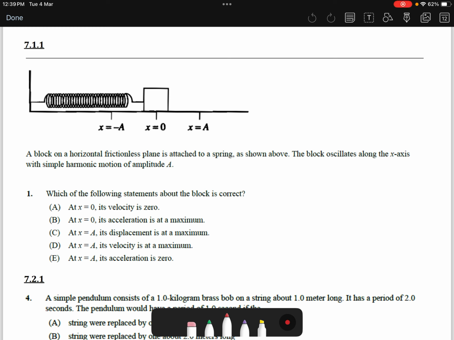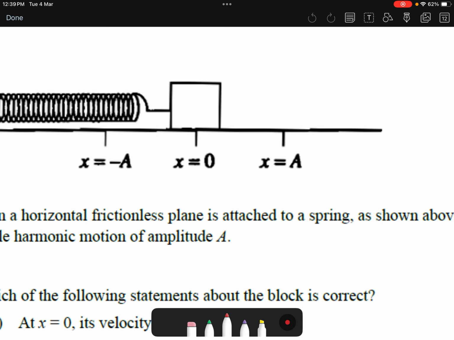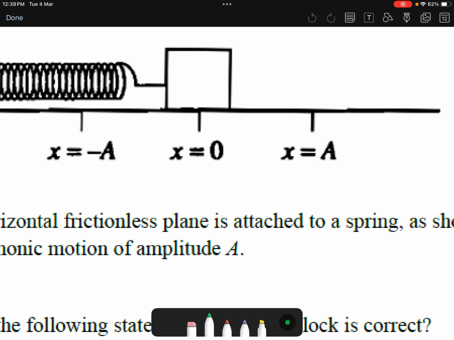Now, A, at x equals 0, the velocity is 0. Of course, that is not right. Let's explain the three situations we have here. The velocity will be 0 at the edges of the motion, where the velocity is changing direction.